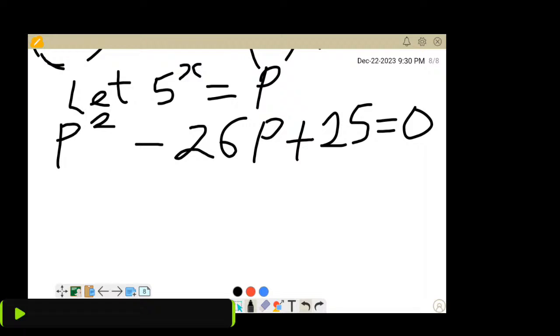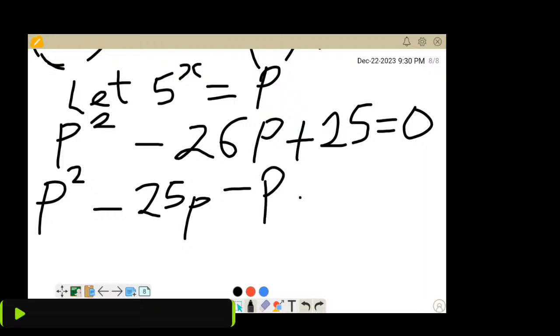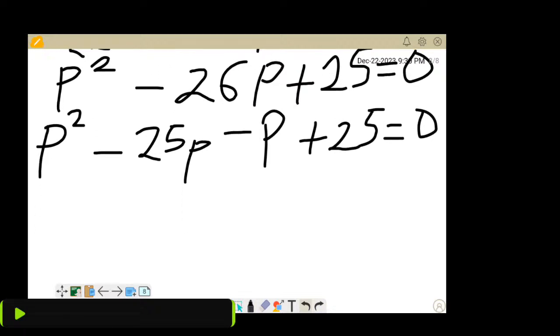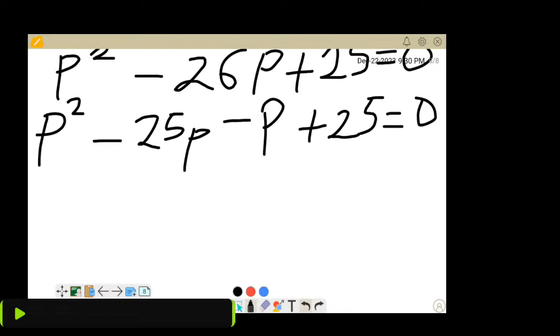Very simple. If you look at this quadratic equation, we can simplify this by saying p squared minus 25p minus 1. Okay, let me just say minus p. 1p is also p plus 25 equal to 0. At this junction we can just look at what is common here.